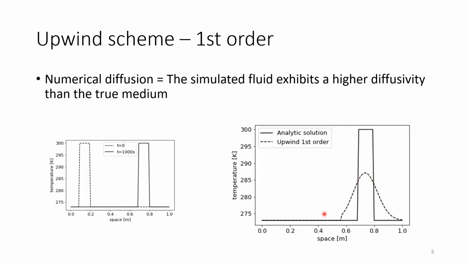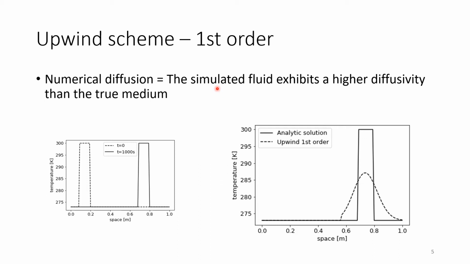So this kind of diffusive behavior, what is occurring here, is not the physical process of diffusion, but it's numerical diffusion, right? So the definition written up here means that the fluid exhibits a higher diffusivity than the true medium. And here it's especially obvious because there should be no diffusion at all. So everything we see is due to numerical diffusion, right?